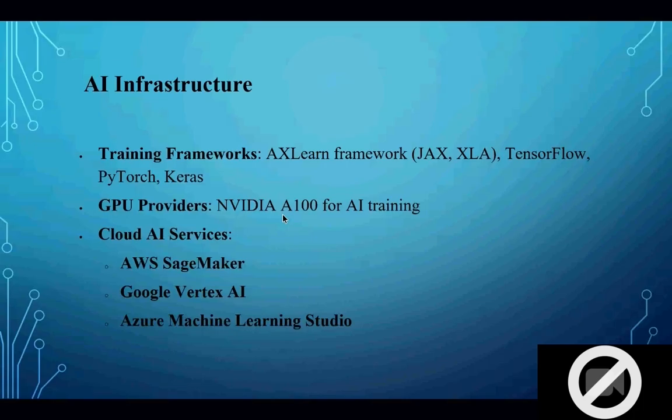Basically, this allows Apple to efficiently train large-scale models across hardware, including TPUs and cloud GPUs. So this is what I meant when I said cloud. The cloud is much bigger, and they can do much more things in the cloud, and that's why they're using GPUs. And of course, they also have on-premises GPUs.